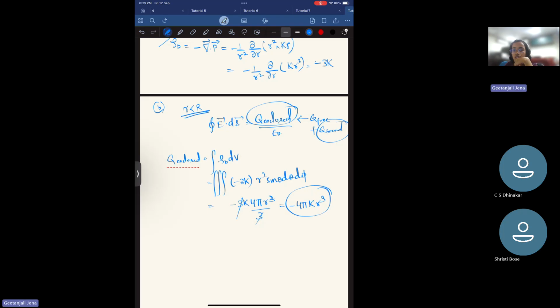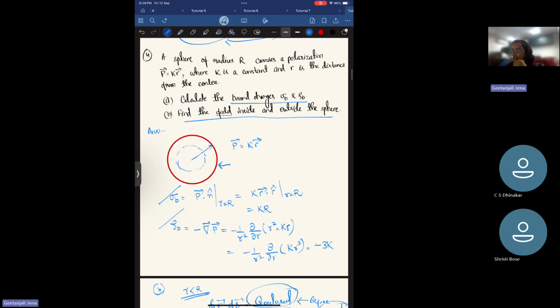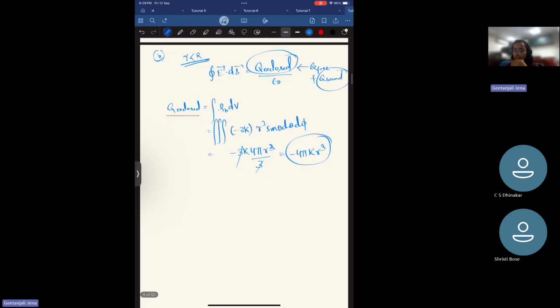On what basis do we consider the unit vector n cap depending on the inner or outer surface? Let me give one example. If you have a solid sphere, the unit vector you can easily guess will be outward only, so here the unit vector is r cap.